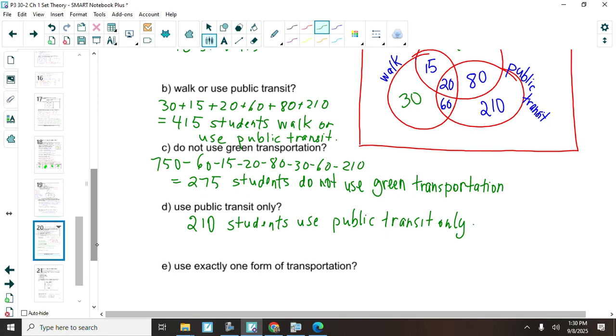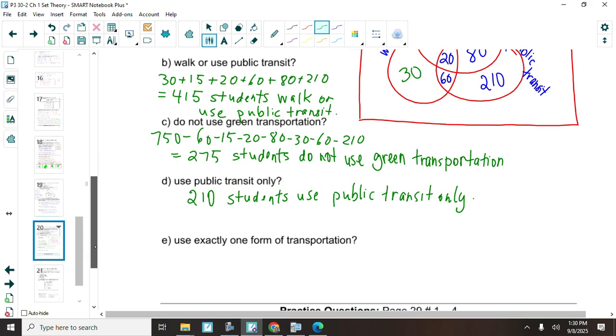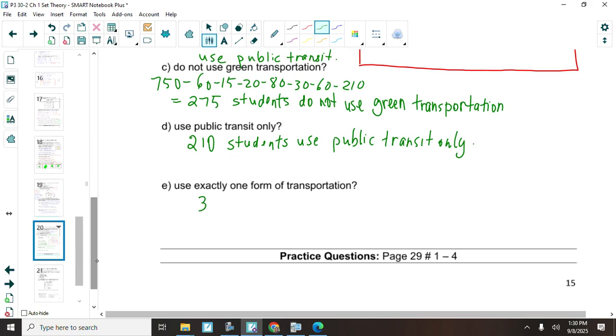How many people only walked, only used public transit, and only used cycling? So we could do our 30 plus 60 plus 210 to get us to 300 students who use exactly one form.